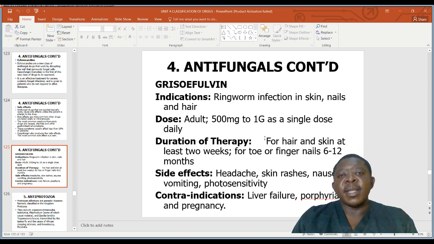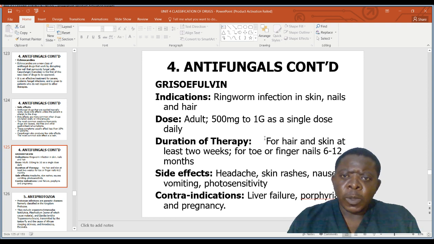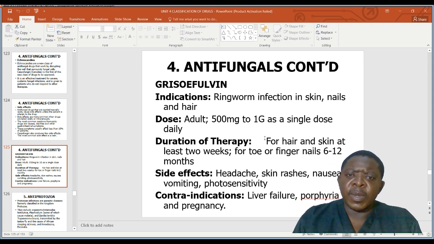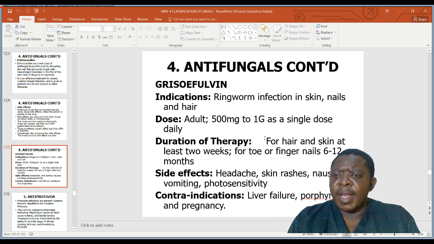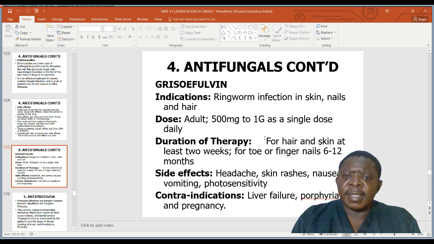Then we have griseofulvin, whose indication here is ringworm infection of the skin, nails, or hair. The dose is 500 milligrams, or 1 gram as a single dose. Duration of therapy for hair and skin is at least 2 weeks.